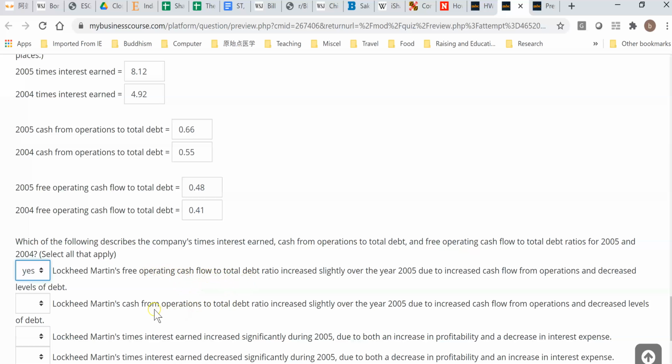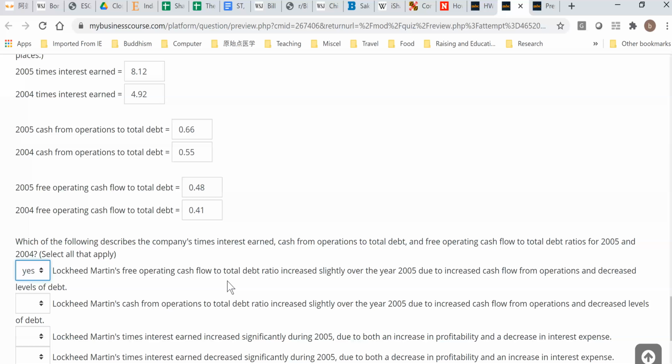And actually, the same rationale can also explain the second part, cash from operations to total debt. We observe that it has increased slightly over the year, and the reason is actually the same as the first one, because the difference between the cash from operations to total debt ratio and the free operating cash flow to total debt ratio is simply the capital expenditure.